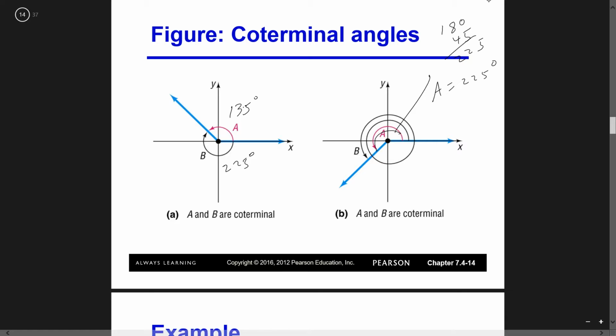And you could also get to the same point by going around once and then come around again, and that would be 360 degrees plus 225 degrees, which would be 585 degrees.